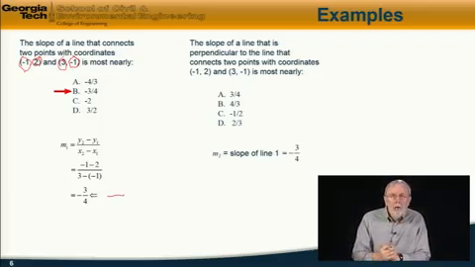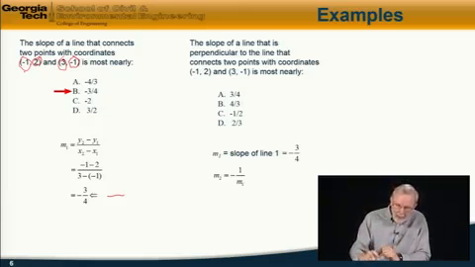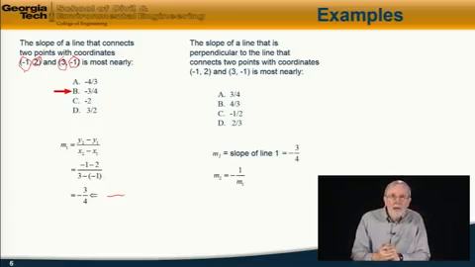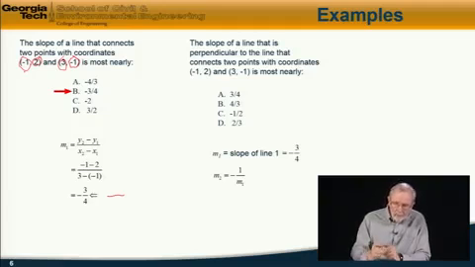I'll call that m1 is equal to minus 3/4. And the line which is perpendicular to that, m2 is minus 1 over m1, because the product of those two slopes is equal to -1 if they're perpendicular to each other. Therefore, the slope of the line which is perpendicular is equal to 4/3, and the answer is B.